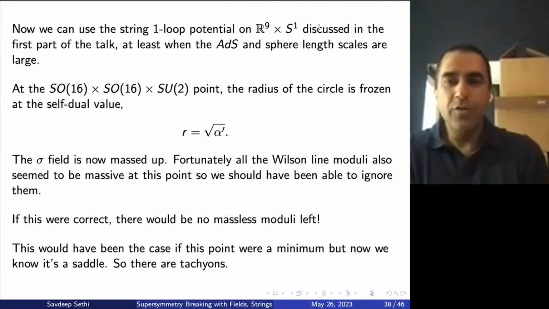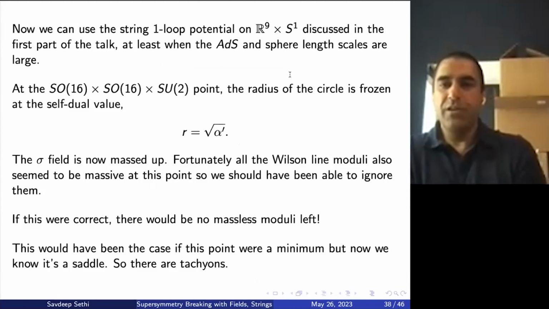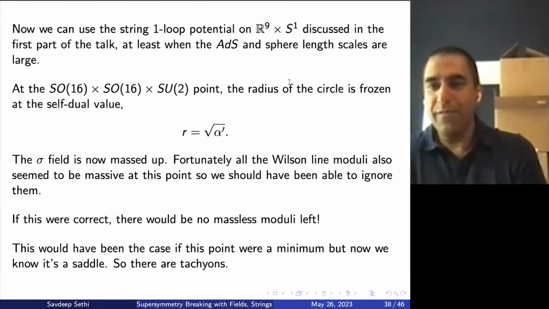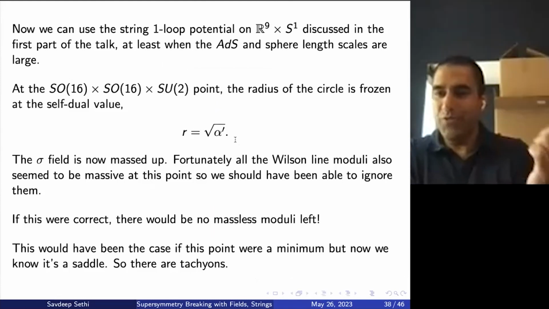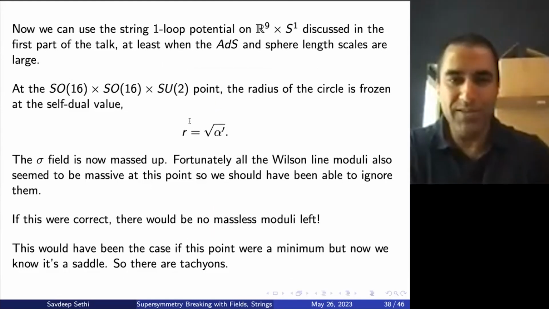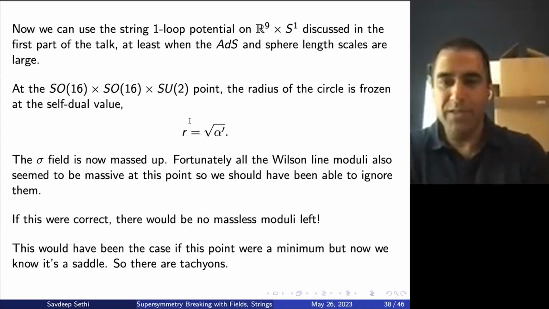Now we can use the one-loop potential we were discussing for the heterotic string on R9 cross S1 to deal with the S1 moduli. So we initially had followed Ginsparg and Vafa and thought that the self-dual point, which is sort of the most natural distinguished point in that moduli space, was actually a minimum of the potential.